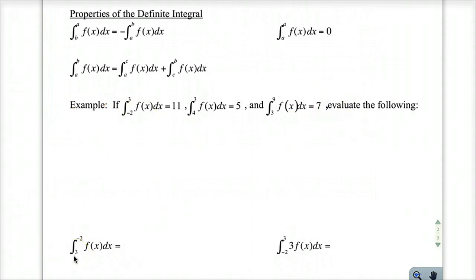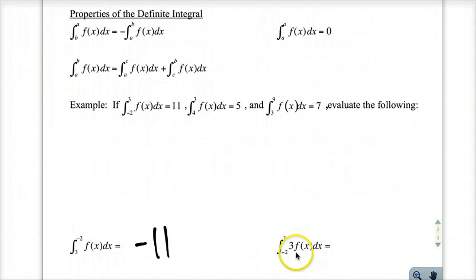First of all, it asks: what is the integral between 3 and -2? Well, I don't have 3 to -2, but I do have -2 to 3. See how these two are exactly the same but flipped? By the properties of the definite integral, if -2 to 3 is 11, that means 3 to -2, with the bounds flipped, is equal to -11. For the one on the right, I already have -2 to 3.